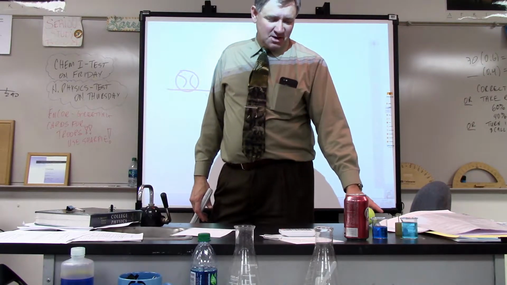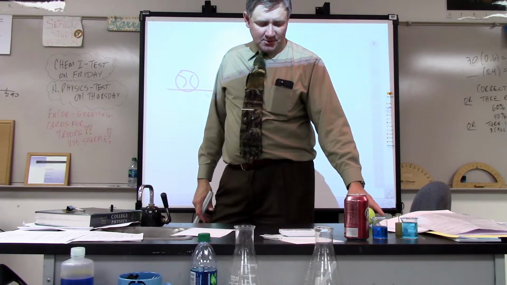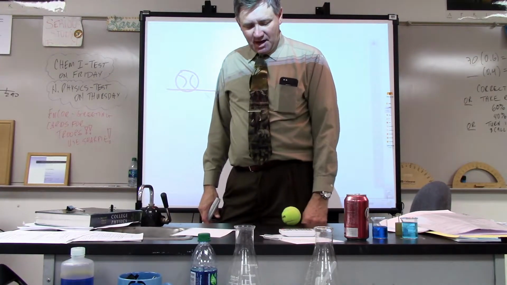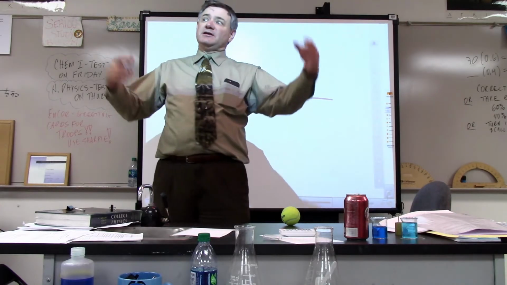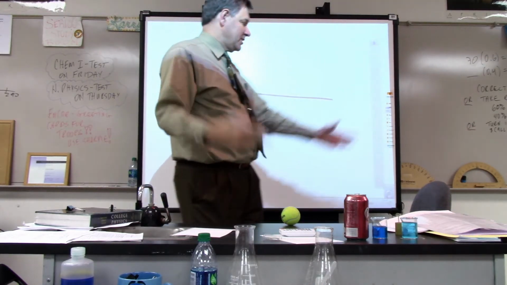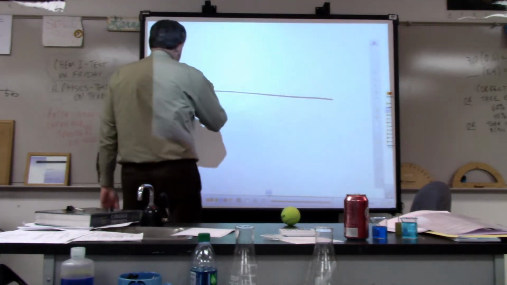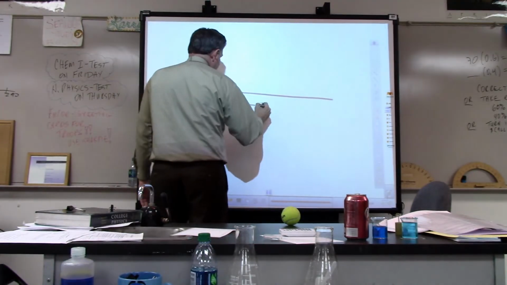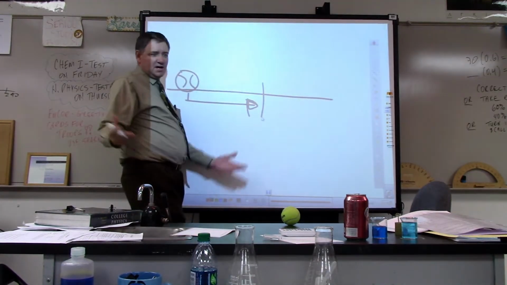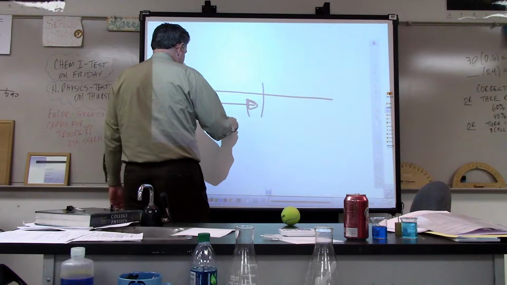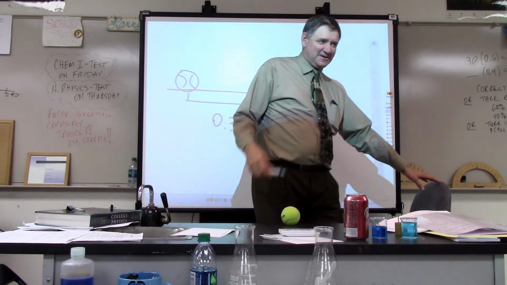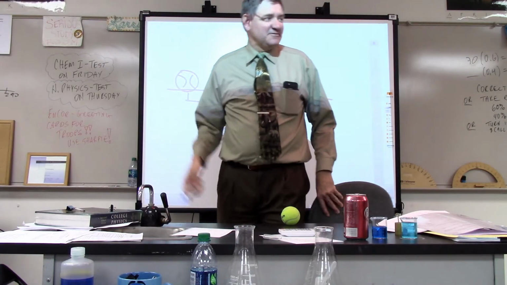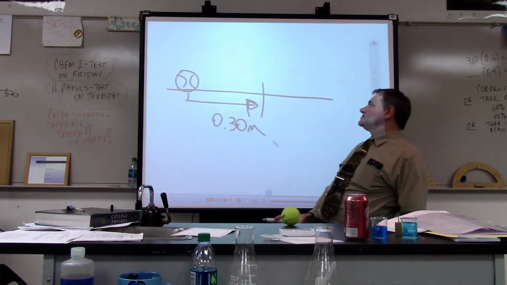Okay, so I'm going to give this thing a roll, and then oddly enough, it comes to a stop. So let's say the ball rolls a certain distance. 17 meters. Okay, we're 17.